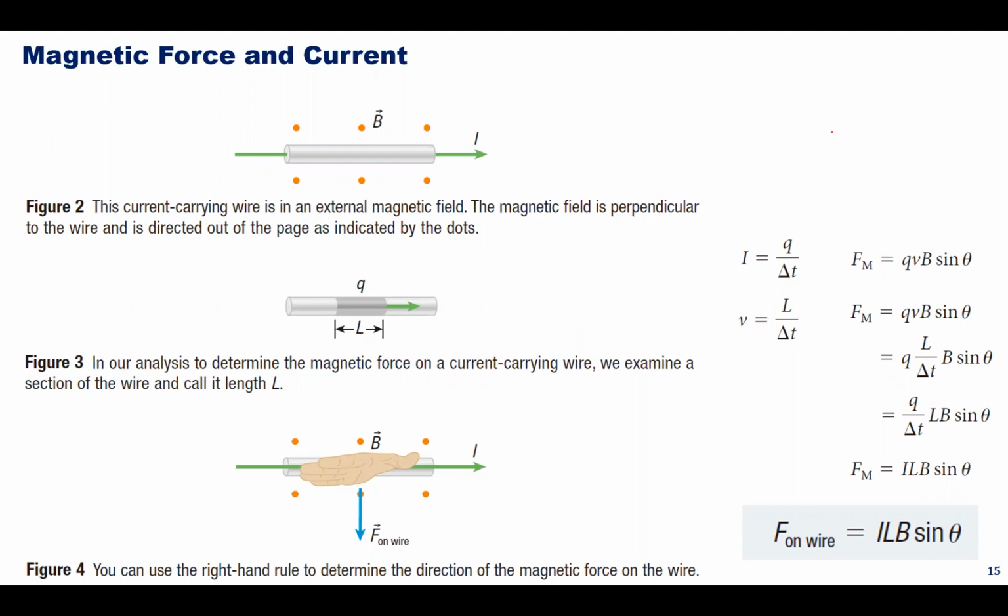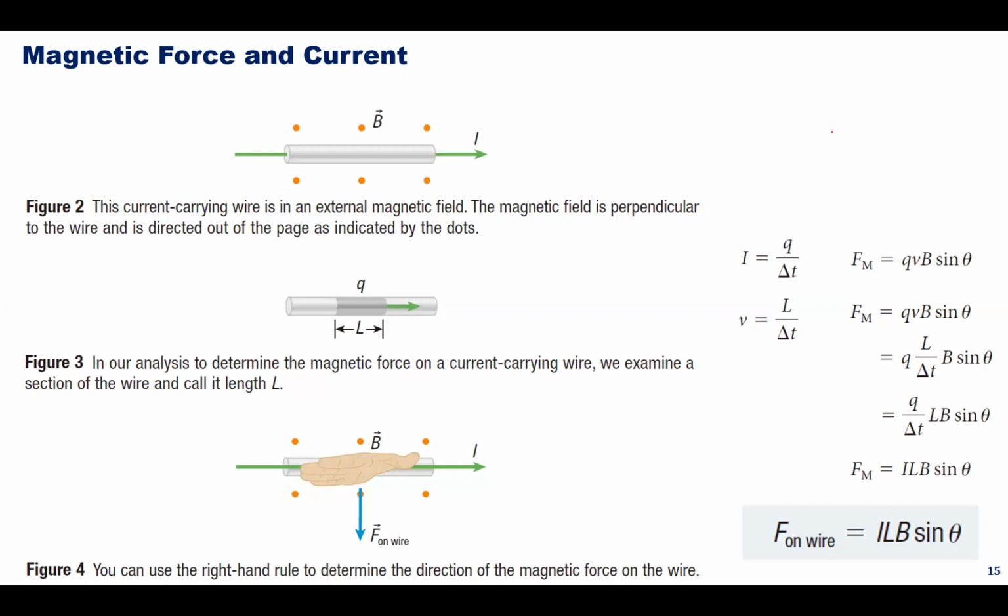The magnetic field, which is denoted by vector B, is uniform and perpendicular to the wire. An external force, not the current in the wire, produces this field. We can calculate the magnetic force on the wire due to this external field by adding the magnetic force on all the moving charges in the wire.